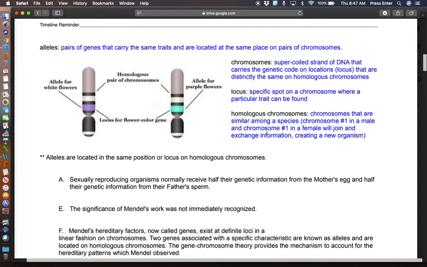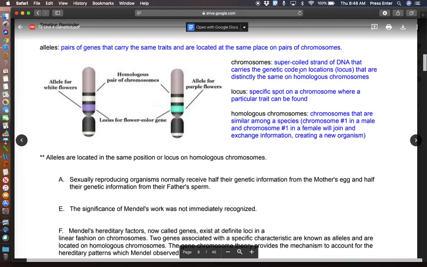And when those chromosomes align and start to wrap around each other and exchange information, that's when the dominant gene is actually expressed. The only way you can get the recessive is with 2 recessive genes.